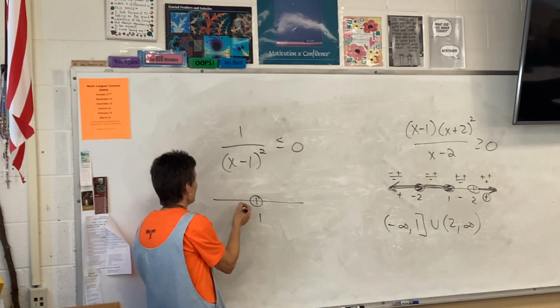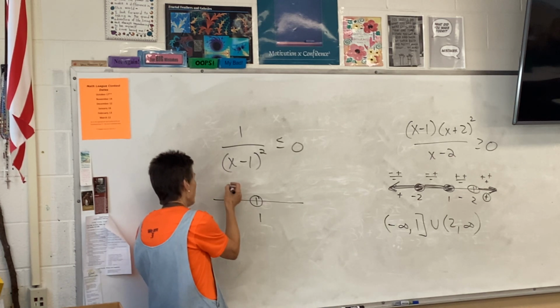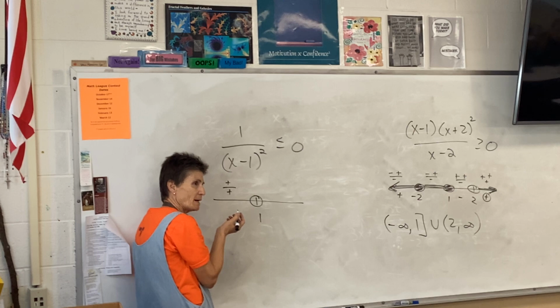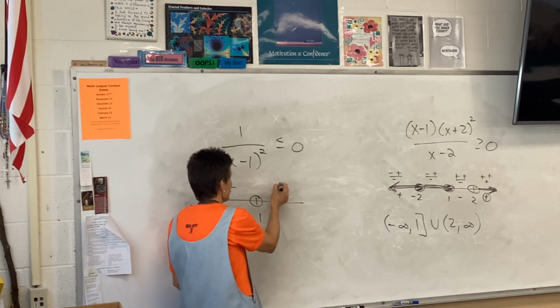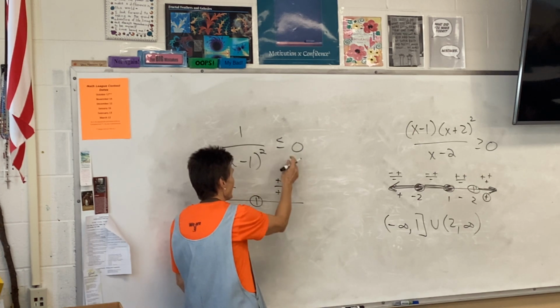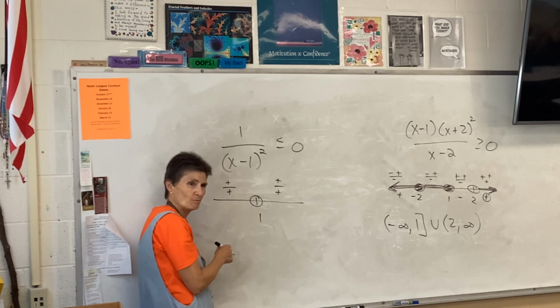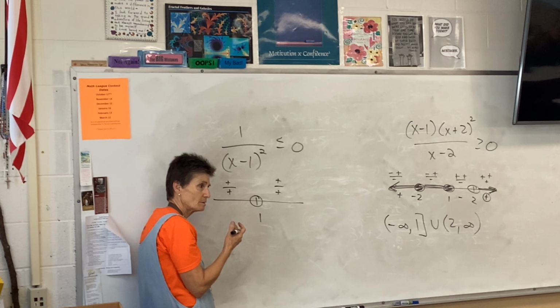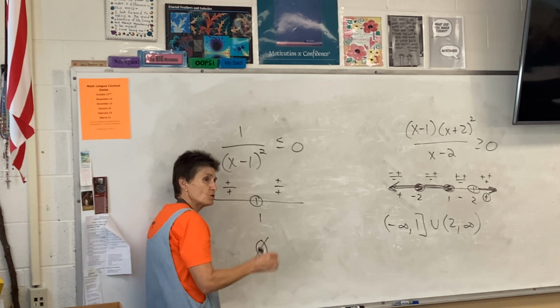And okay, so I pick a number over here. The numerator 1 is always positive, and won't the denominator also always be positive? So am I ever going to get a negative result? So what's my answer? No answer, no solutions.